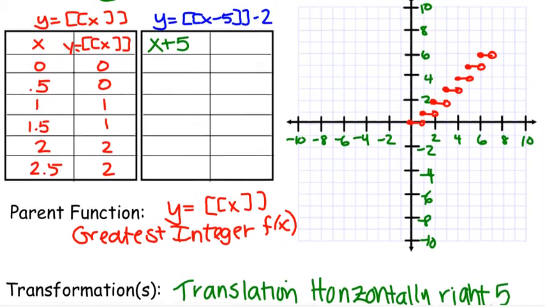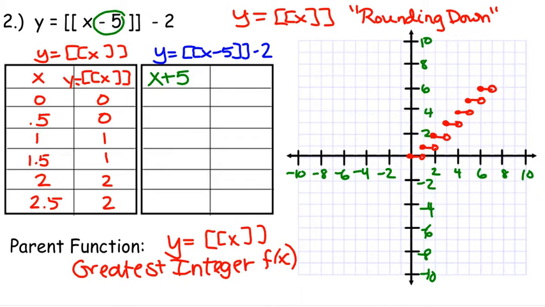All right. The second transformation is this -2. This -2 is outside the function. It's outside the greatest integer notation, that double bracket. So when it's outside the function, it affects the y-axis. And since it's -2, we're going to shift all of our ordered pairs down 2 units.